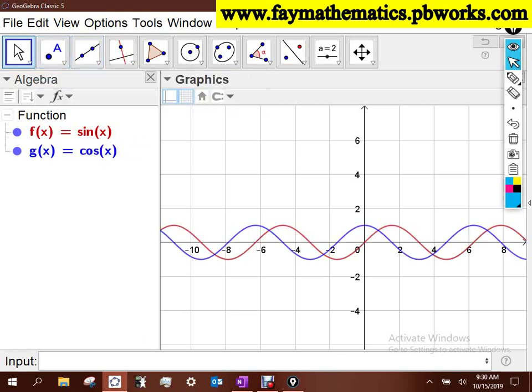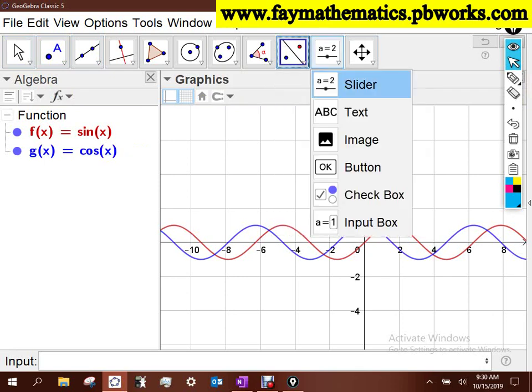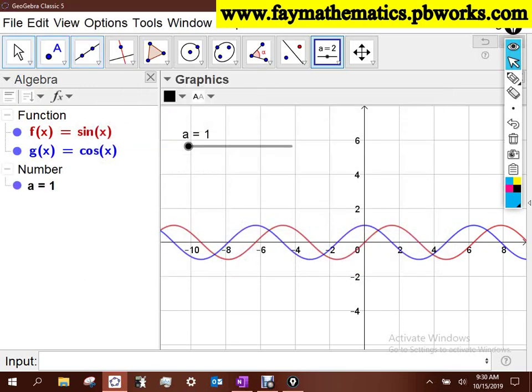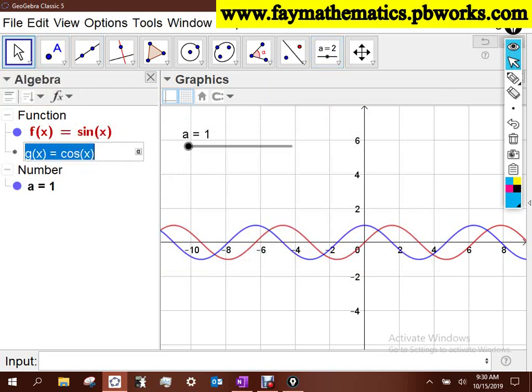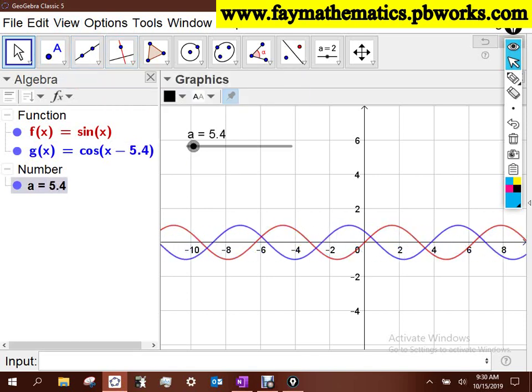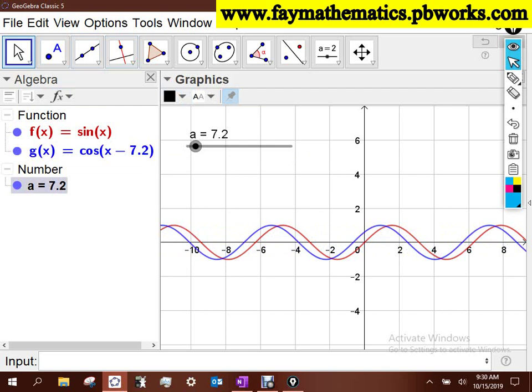Let's put a slider together here of A, and I want to go from 0 to 90. Why did I put 90 degrees as pi over 2? That's what it is. So if I slide this, would you guys agree that as I start subtracting amounts from that, I will eventually get that blue one to turn onto that red one? Yeah. Okay. So the pi over 2, 90 degrees, that's a radian.